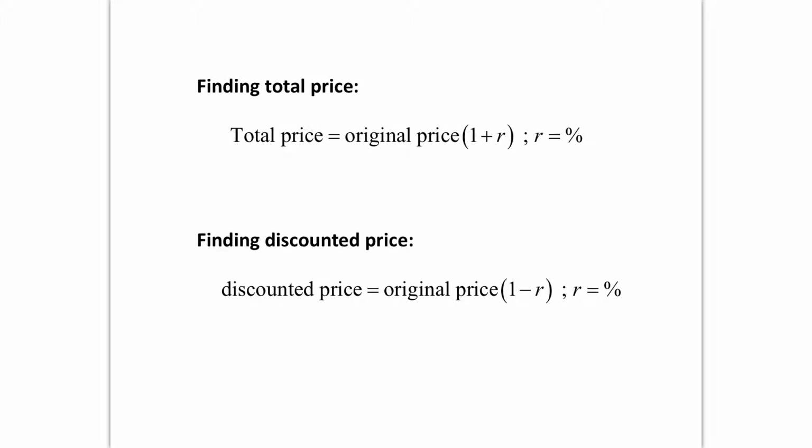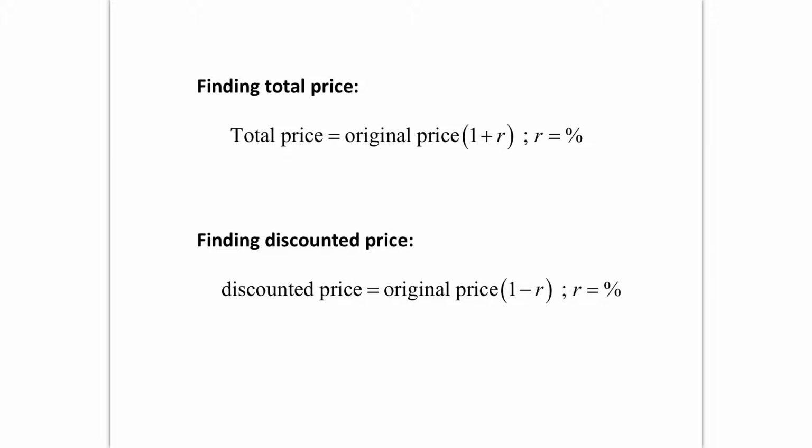Now, instead of using a proportion, we can also use these two formulas to actually find the total price when you have an amount and it's increased by some percent, or the amount is decreased, it went down by some percent. So we know that when something goes down, the price for an item, that's a discount. So how do you use the two formulas?